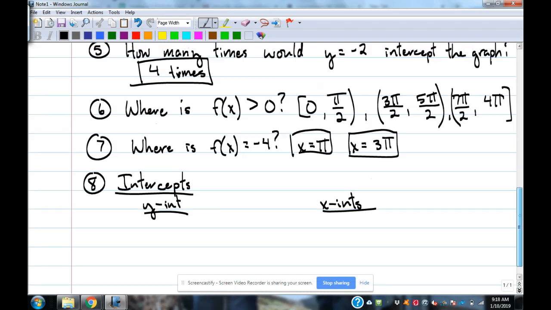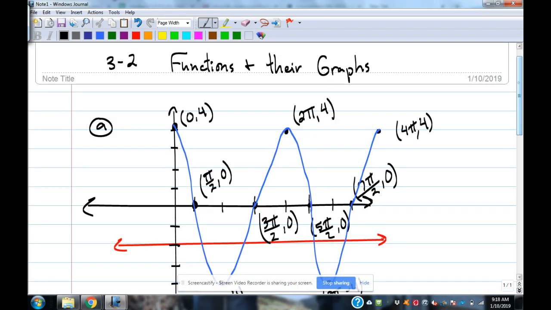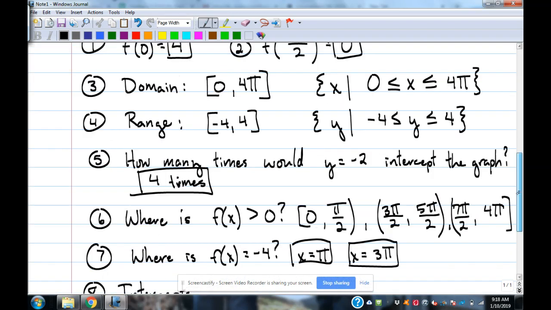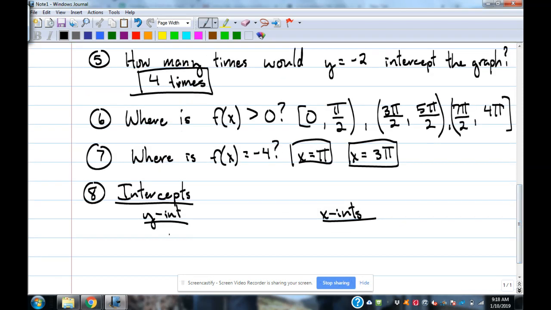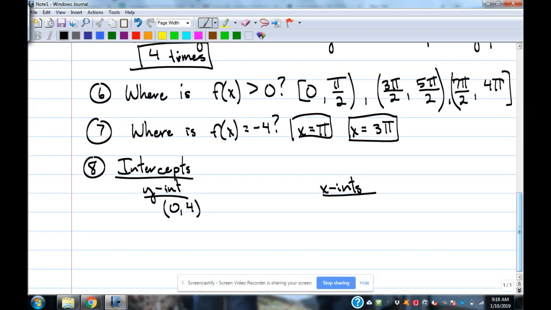Okay, what's the Y intercept? 0, 4. That's easy. Ordered pair, 0, 4. And then the X intercepts, several of them. So look, pi over 2, 0. 5 pi over 2, 0.